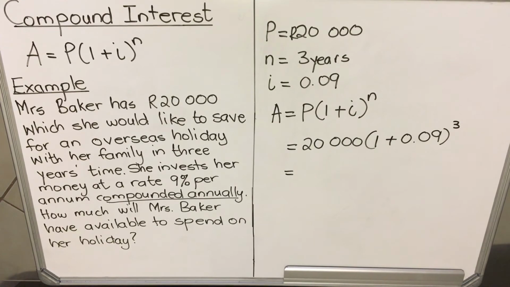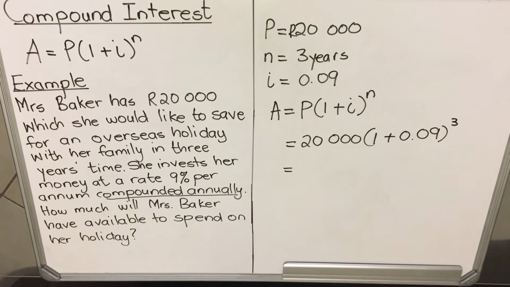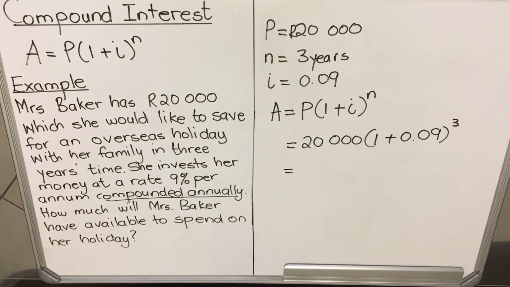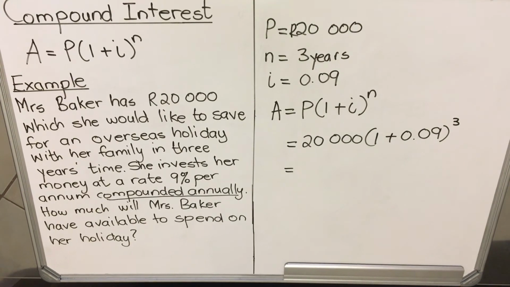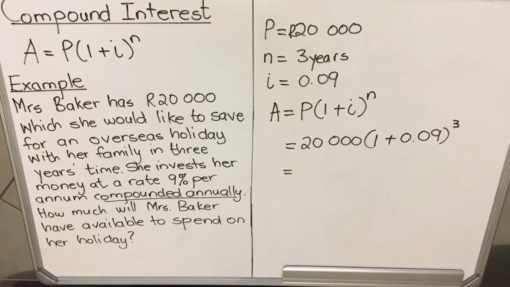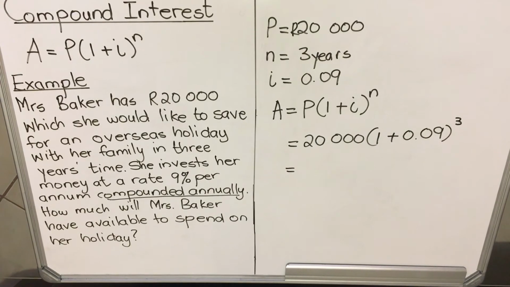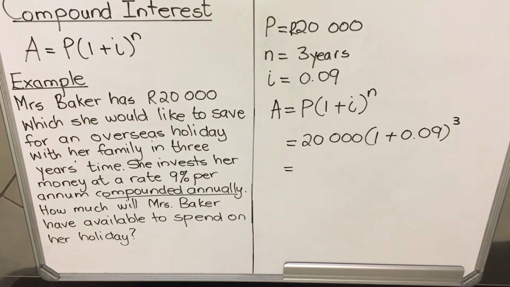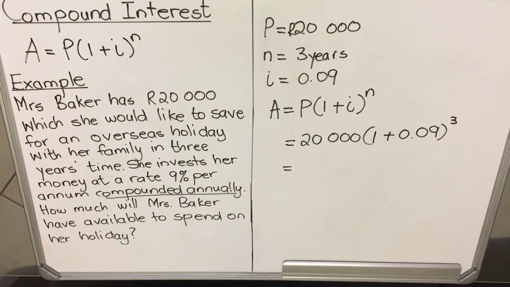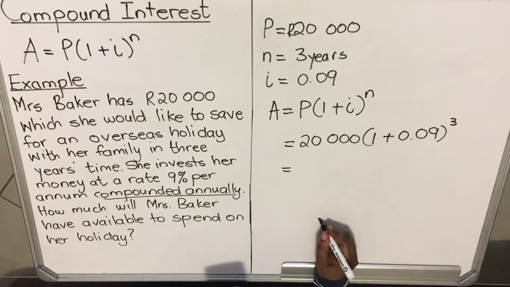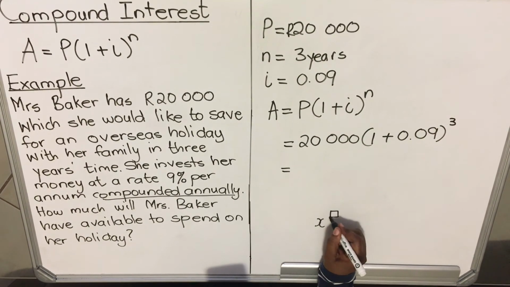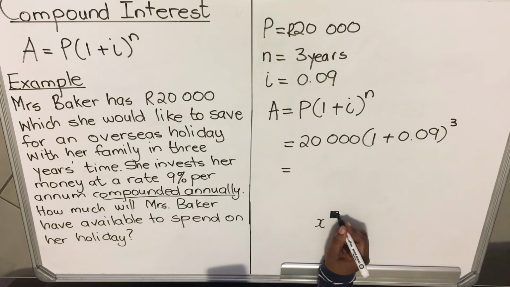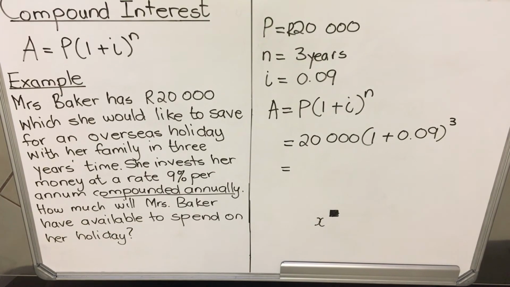We write 20,000, open bracket, 1 plus 0.09, close bracket, and then the exponent key, the x with a box, on your calculator.